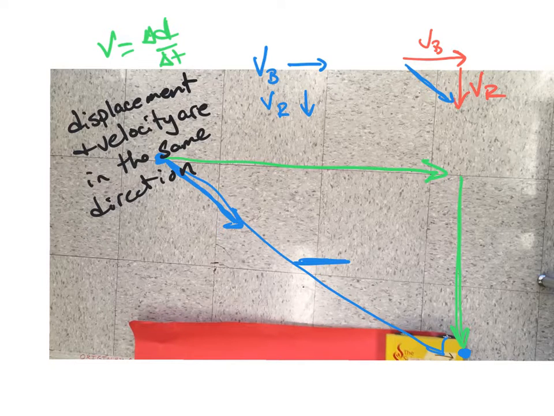Now, last thing to address. Just a quick overview of the final problem on WebAssign. And I don't remember the specifics, but basically it gives you like 5 or 6 different displacement vectors. And so it might say that you have one that's 20 meters at an angle of 45 degrees.